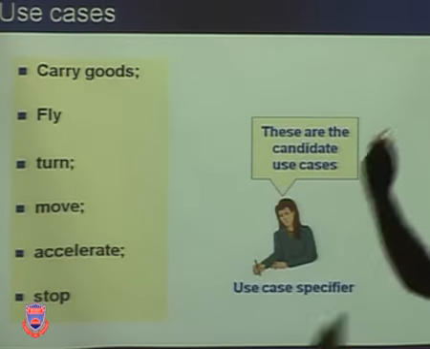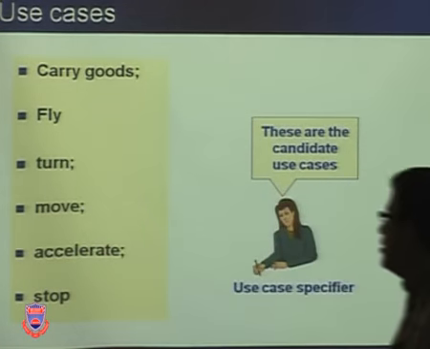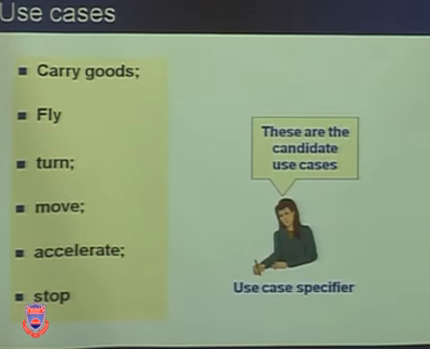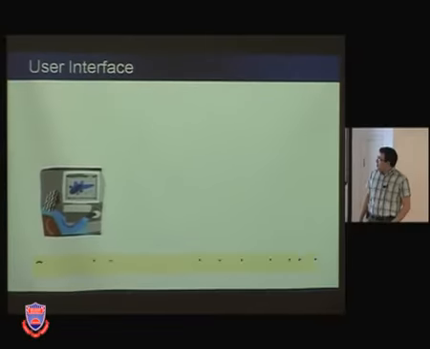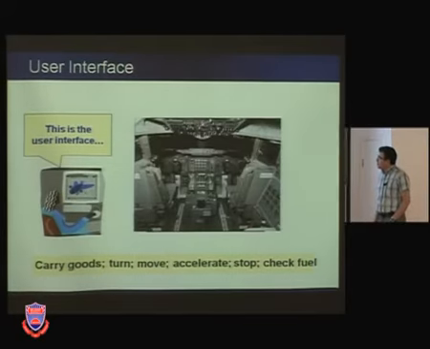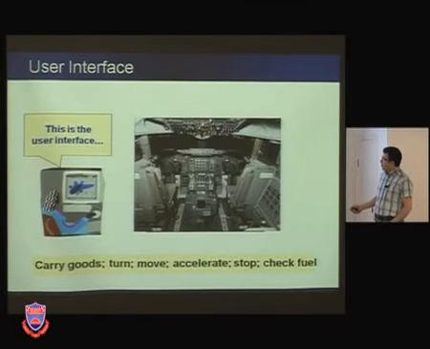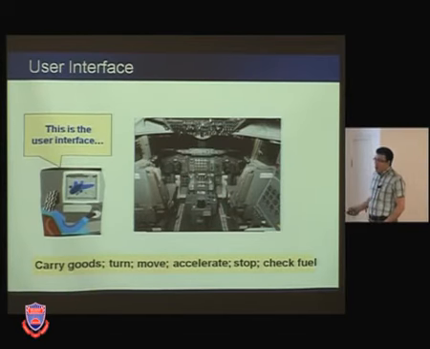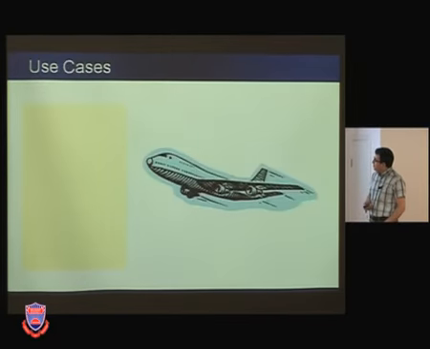We define a use case diagram with actors and ovals. Then we define the user interface, carry goods, where we show how the user can interact with the system.